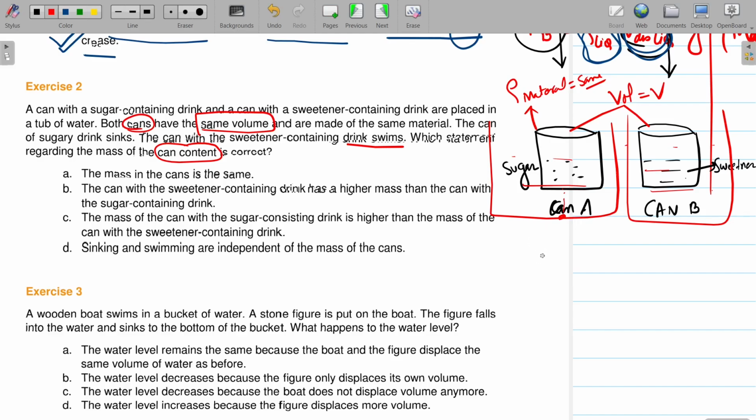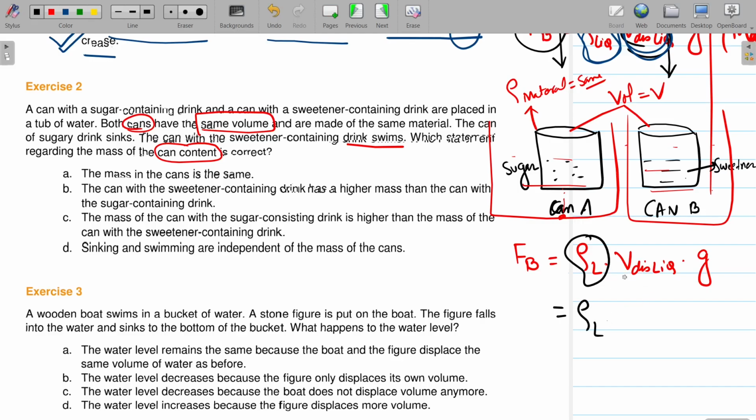If you put these cans inside the water, what will be the buoyant force? Buoyant force should be equal to density of the liquid times volume of displaced liquid times acceleration due to gravity. Now, the density of the liquid will be the same because both are immersed in water.